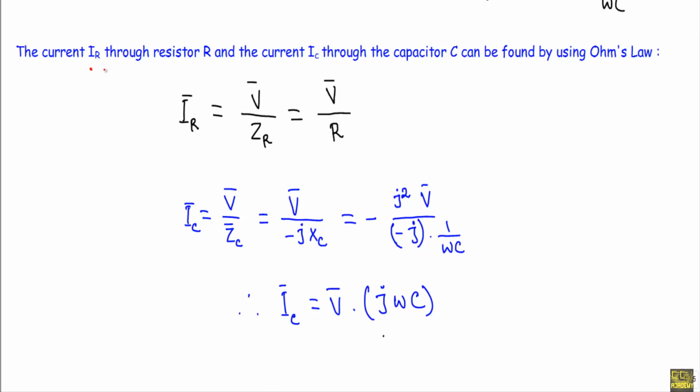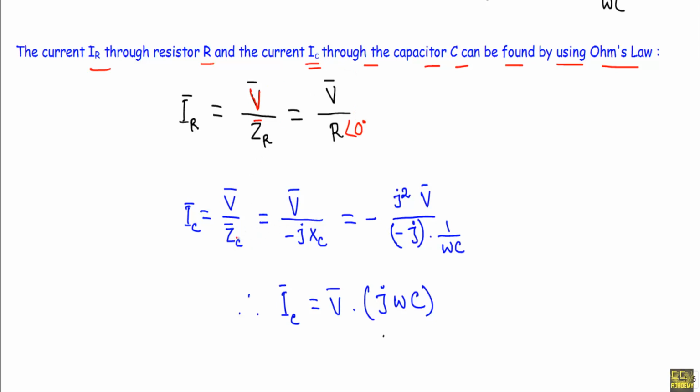The current IR is the current that is flowing through the resistance R, and the current IC is the current that is flowing through the capacitor C, and we will get that by using Ohm's law. IR will be equal to the applied voltage V over impedance ZR. Therefore, it will be V over R phase angle 0 degree, and IC will be equal to V over ZC.